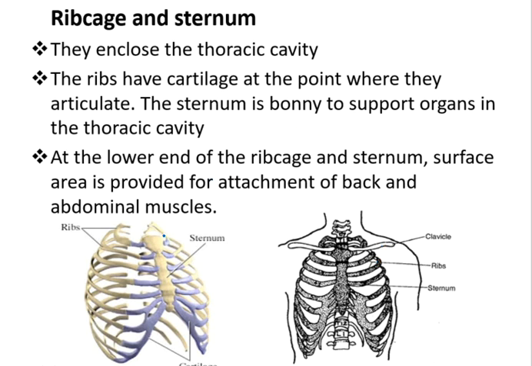As you can see, in our diagram here, the sternum is made up of small bones, and we are saying it is bony, it is rigid to support organs in the thoracic cavity. Then at the lower end of the ribcage and sternum, surface area is provided for attachment of back and abdominal muscles.